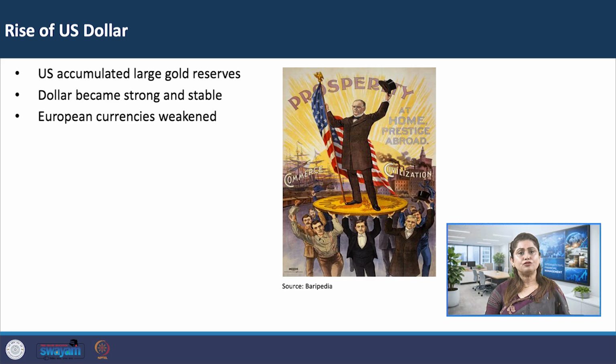So, by the end of the war, we see a shift: the United States emerging as a strong economic power, while Europe becomes weaker. The US dollar was viewed as stable and reliable. It had the largest gold reserves and its economy was relatively unharmed by the war.